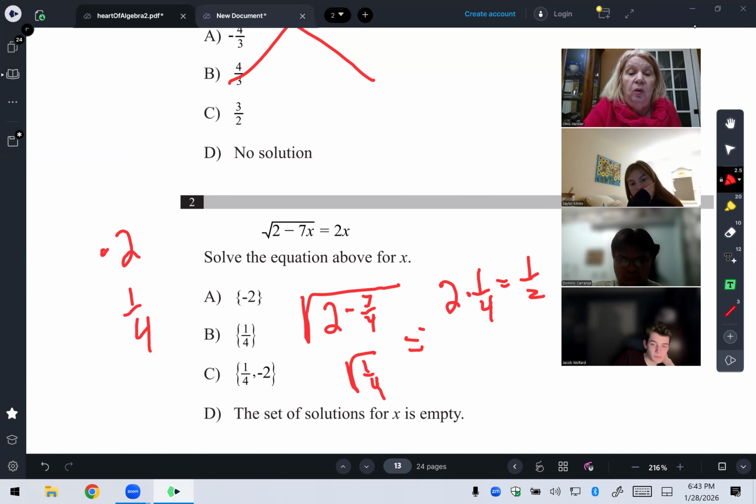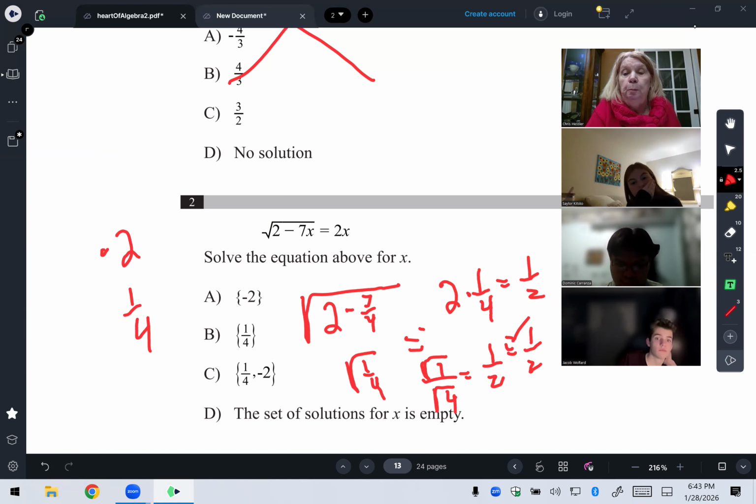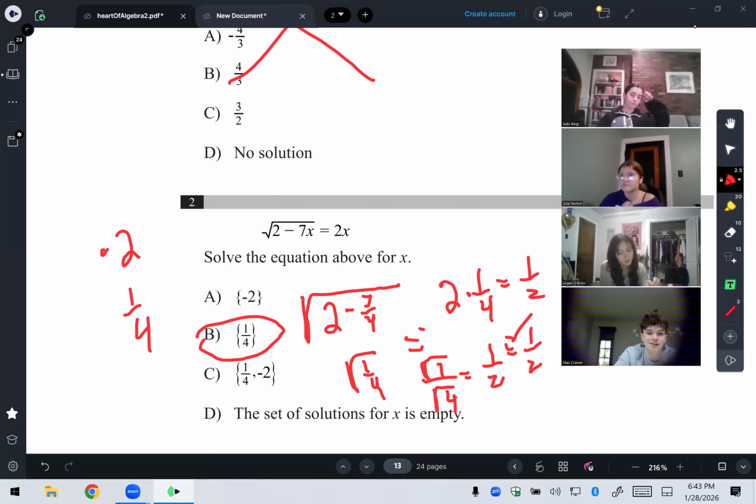And the square root of 1/4 is the square root of 1 over the square root of 4. So does 1/2 equal 1/2? Yes. And so B is the only viable answer. Does that make sense? Good. And this stuff is hard.